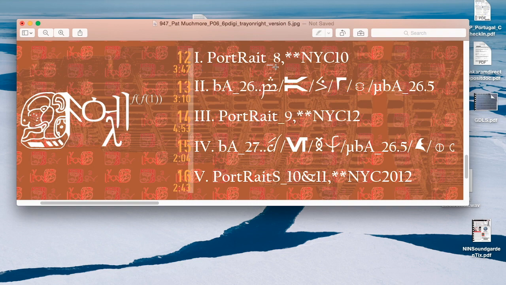The first movement is also a piece called Portrait 8 in my C10. And here we have yet another Babel piece that exists inside the larger Babel piece. This time the word Babel, B-A-B-E-L, is spelled out using fictional languages. Here's B in Tolkien's Elvish language, A in a fan-created Star Wars writing system.